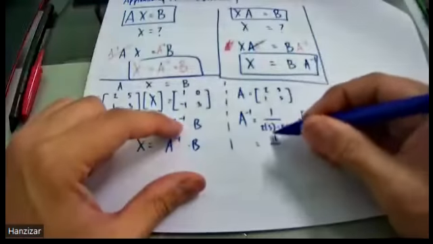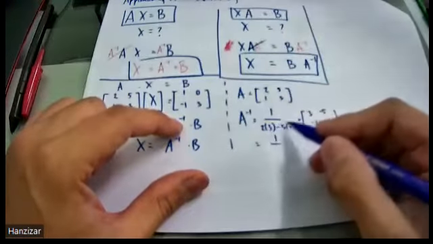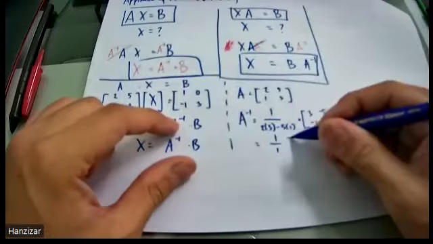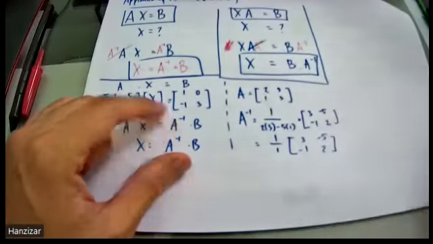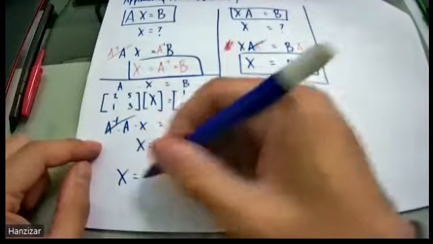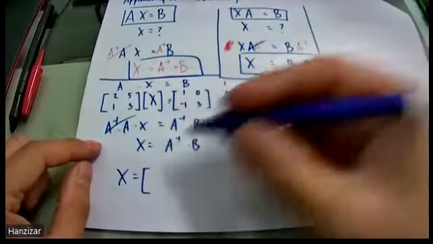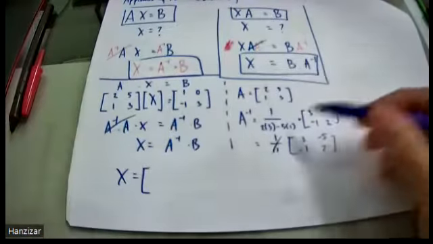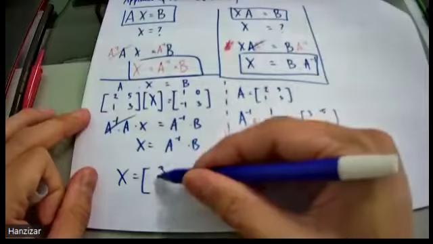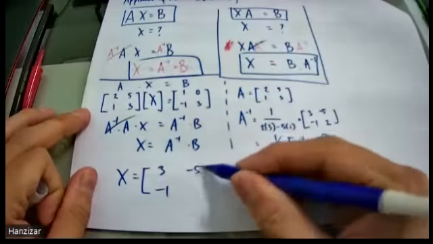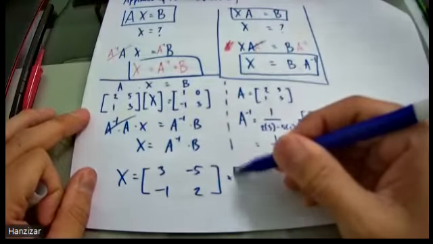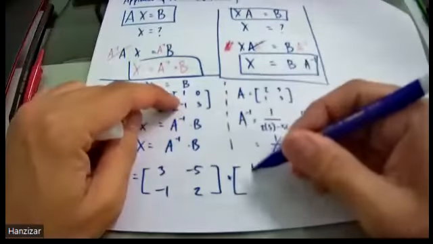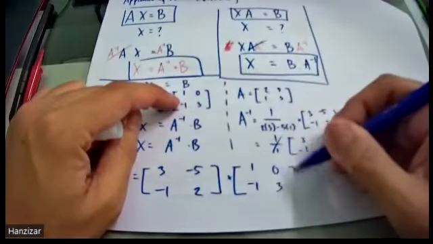So 1 over, okay, this is very easy. 6 minus 5 is 1. So you don't have to change anything. So X equals A inverse, the 1 can be dropped, 3, -1, -5, and 2, times B, which is 1, -1, 0, 3.